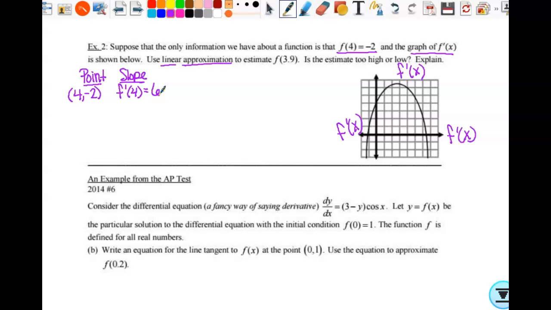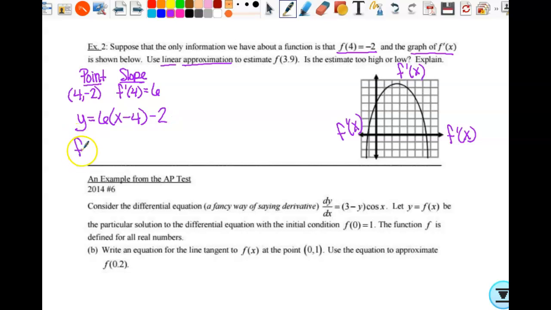So then I'm going to write the equation of my line. Y equals the slope, which is 6, times x minus 4, minus 2. I want to estimate this. I'm using that equation to estimate f of 3.9.